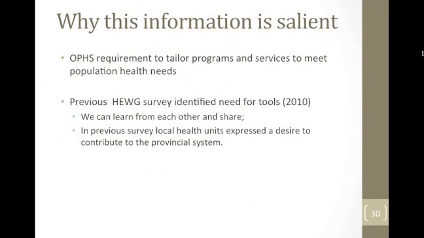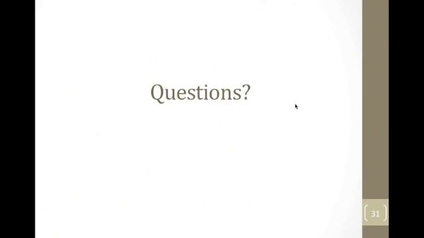And the themes in those responses included the expressed need for more tools and more opportunities to share and learn from each other on our work in health equity. If I can have the next slide, please. We're at questions. If you have any questions, just a reminder to type them in, and we'll come back to them very shortly at the end of the next part of this indicator.